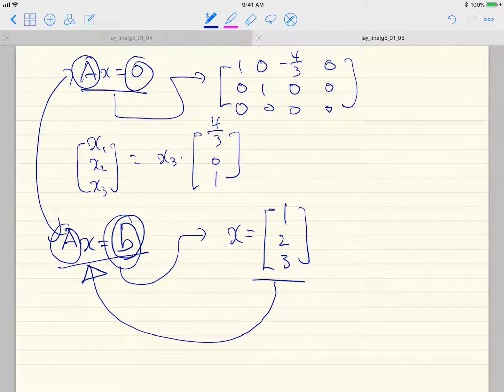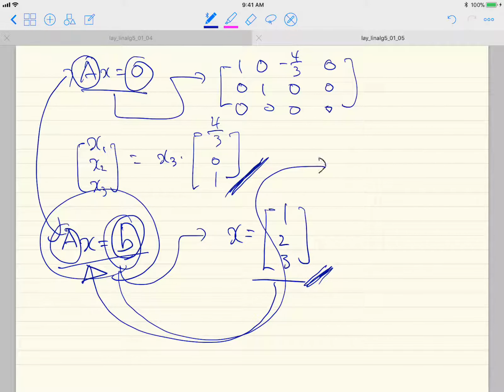Okay, and then by combining this fact and this fact, how can we represent the solution for this one, x1, x2, x3, even without knowing the B part?